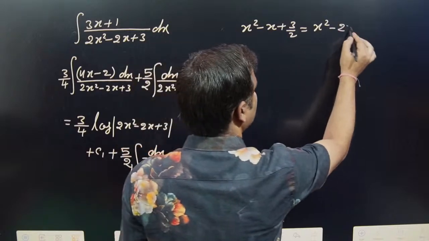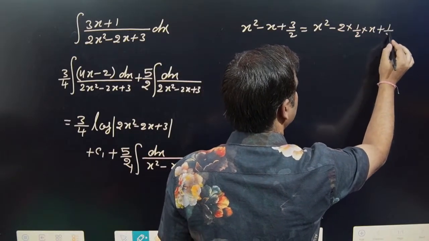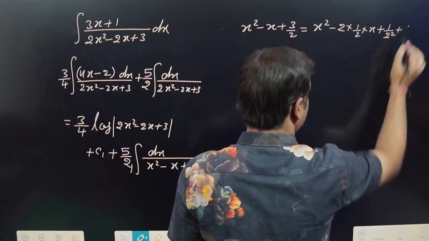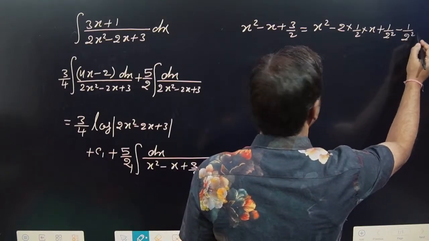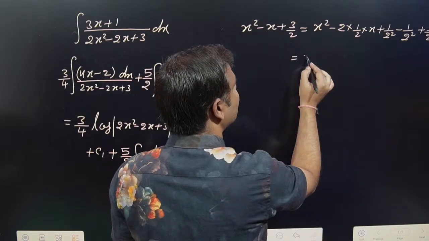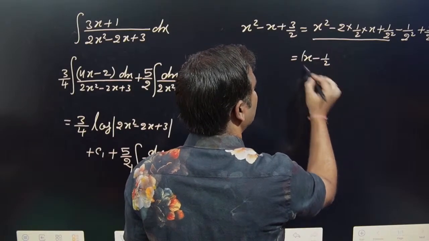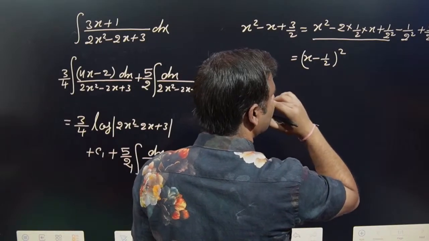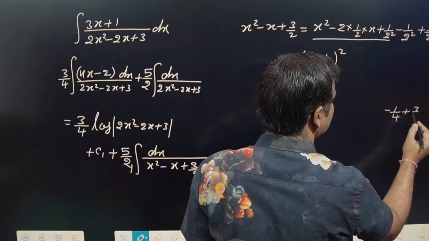This one is written as x square minus 2 into 1 by 2 into x plus 1 by 2 to the whole square minus 1 by 2 to the whole square plus 3 by 2. After that, this one is written x minus 1 by 2 to the whole square, and this one minus 1 by 4 plus 3 by 2.